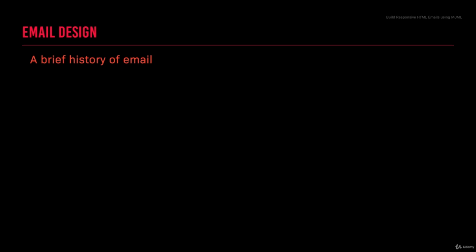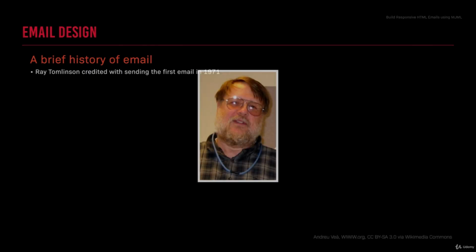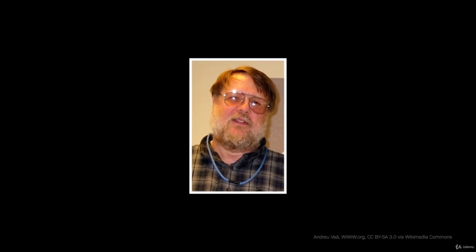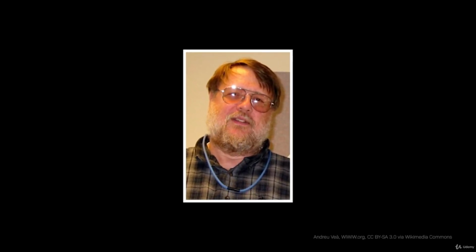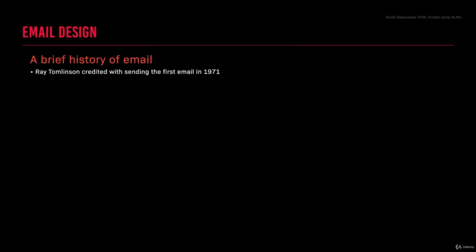So before we learn about designing a good email, let's go over a brief history of email. Even though the concept of email has been around as early as the 1960s, Ray Tomlinson is credited with sending the first email in 1971 by incorporating the @ symbol. And as email became more popular, intuitive email programs started to appear around the late 1980s.